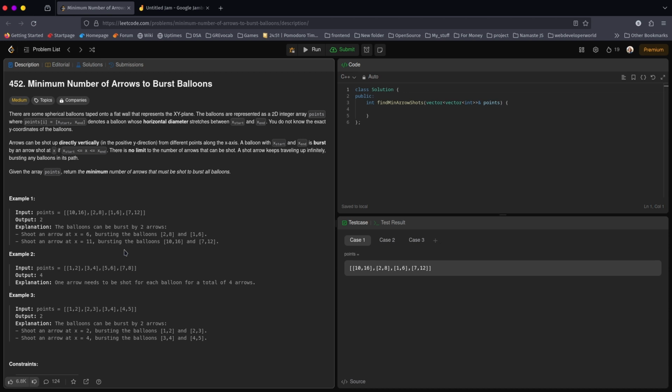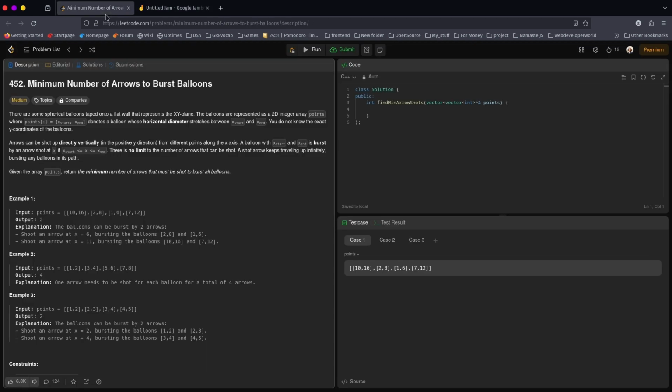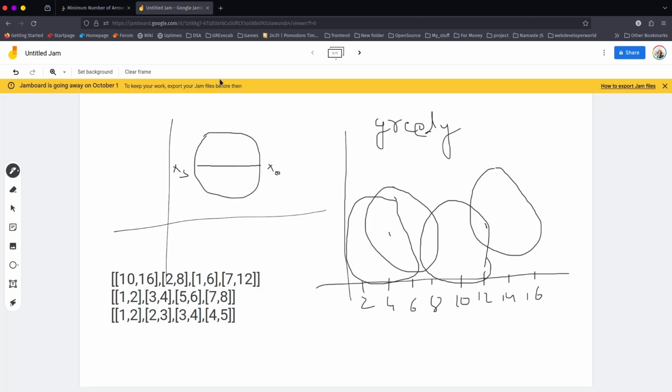Okay, I got it. So how to solve this question? I need to find the minimum number of arrows, so I can use a greedy algorithm here.